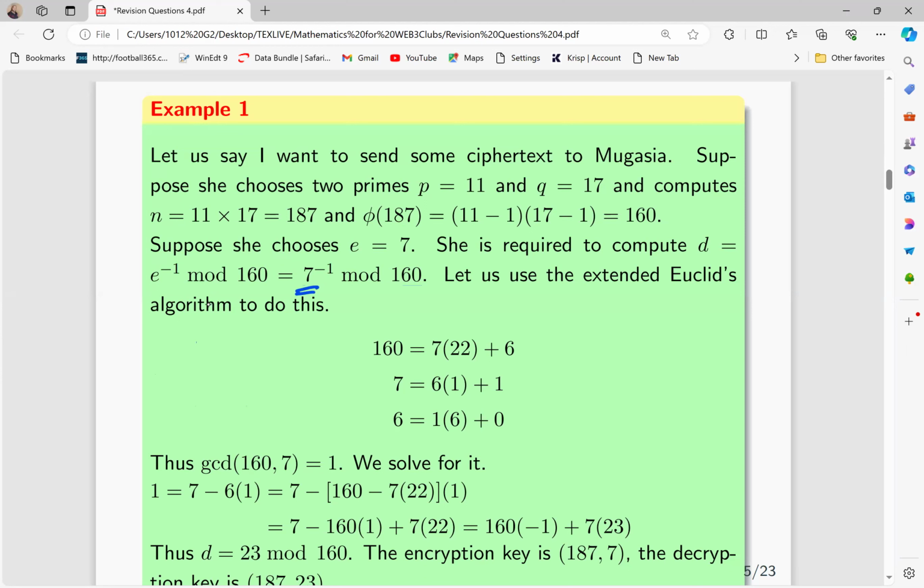Using the extended Euclid's algorithm, you're asking yourself, how many times does 7 go into 160? 7 goes in 22 times, and the remainder is 6. So how many times does 6 go into 7? 6 goes there once, and the remainder is 1.